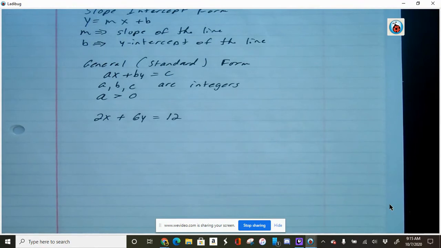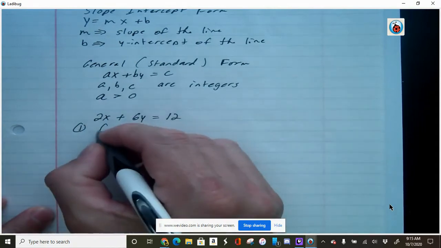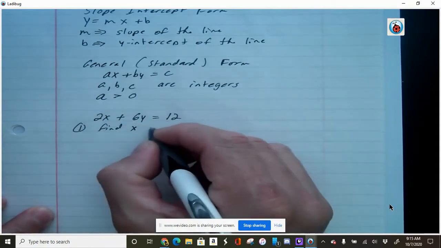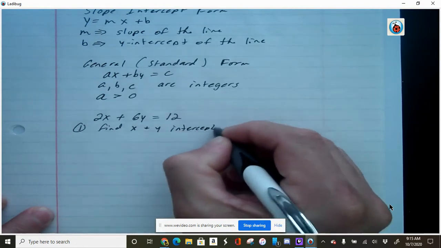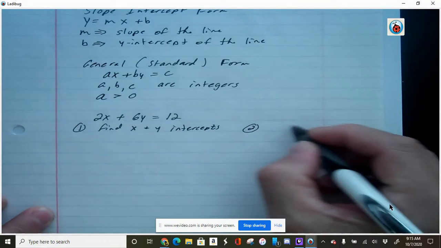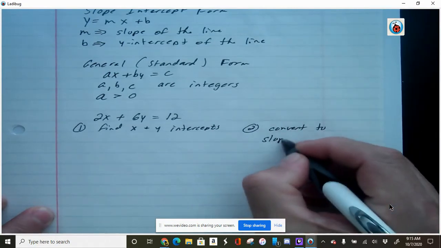There are two ways of graphing this. One way is to find the x and y intercepts. The other way is to convert to slope-intercept form.